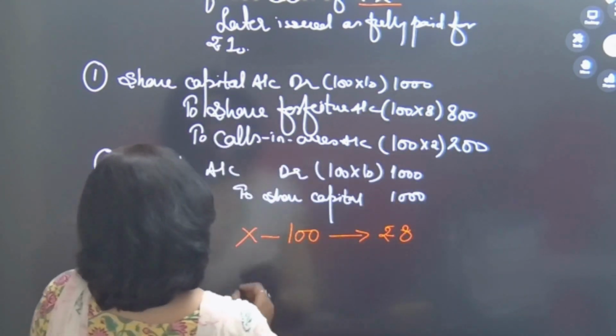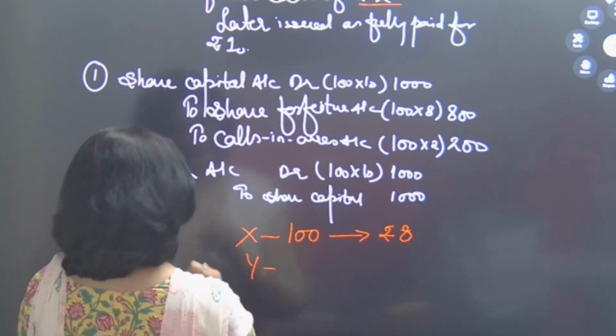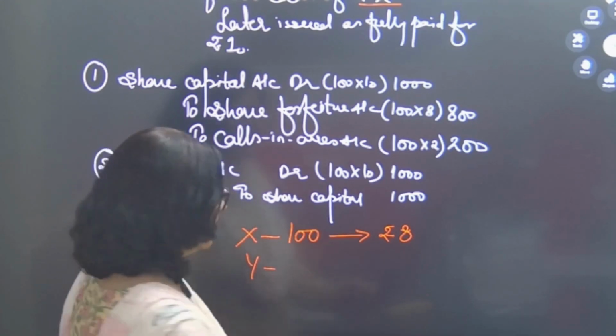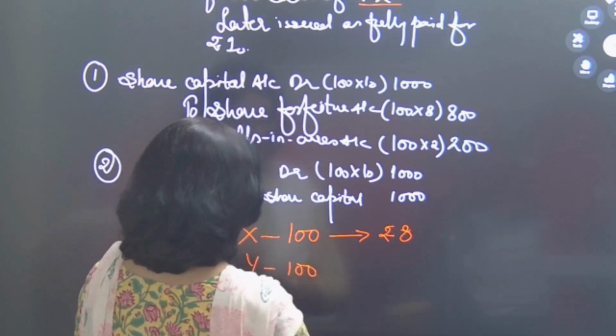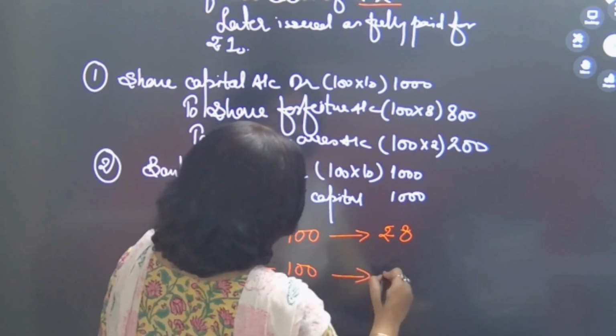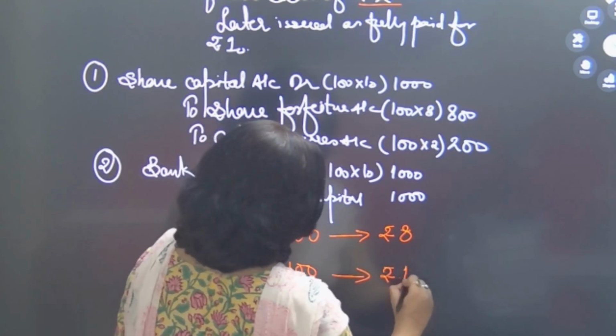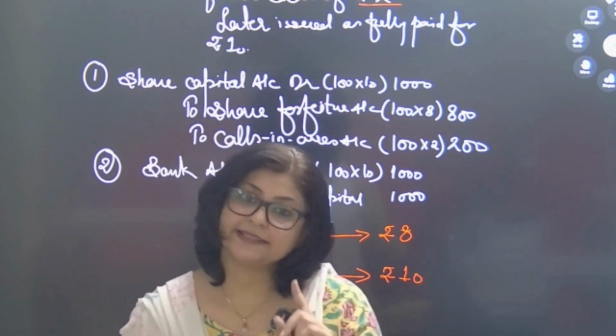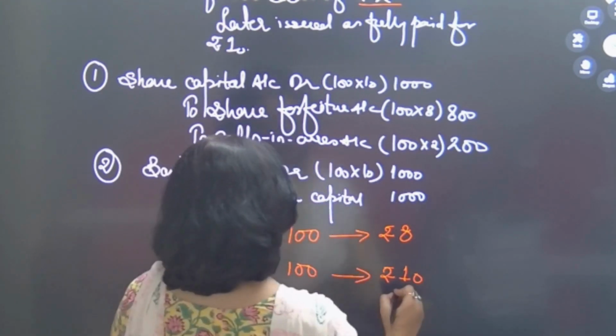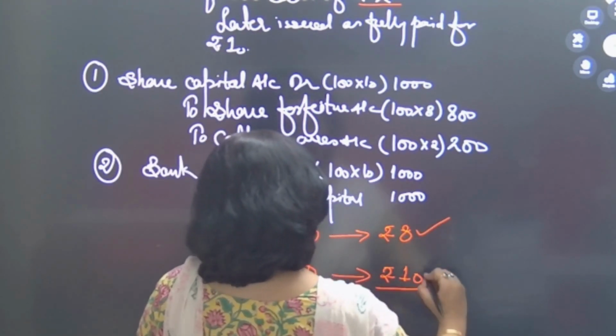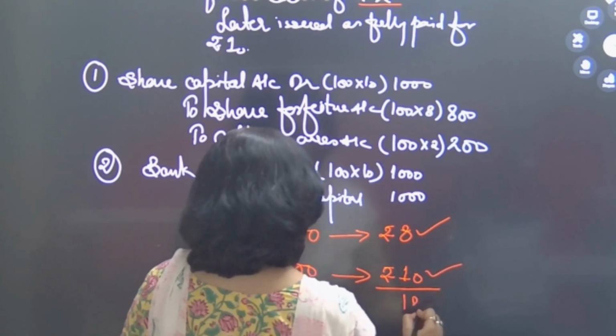Now, the company got another investor and reissued these 100 shares at rupees 10. The face value of the share was 10 rupees only, but the company got 8 rupees from X and 10 rupees from Y, altogether 18 rupees.